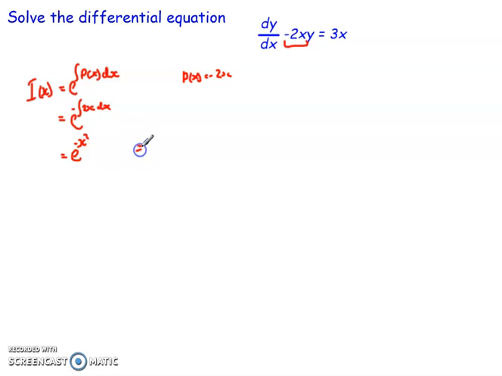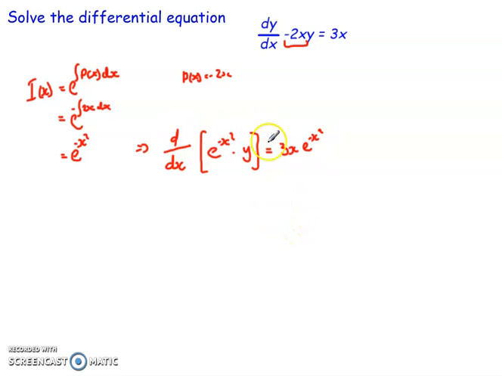What I'm then able to do is multiply through by the integrating factor, and I can write that fine, so d by dx we know is going to equal I of x times y, so it's going to equal e to the negative x squared times y, and that's going to equal 3x, but it's then going to be multiplied by the integrating factor, which is your e to the negative x squared.